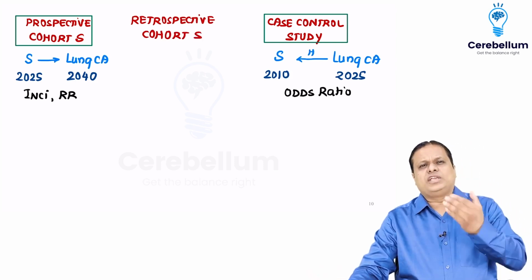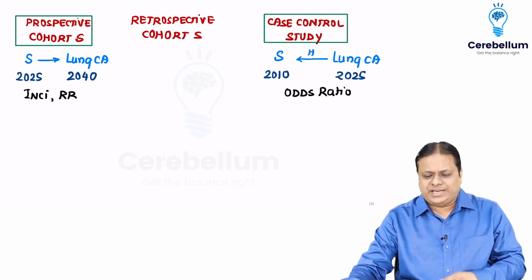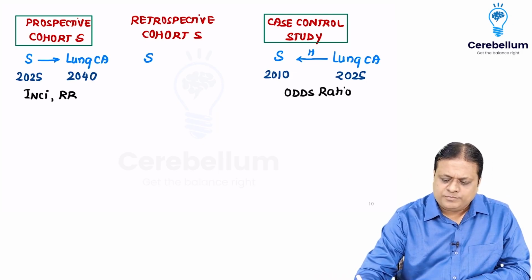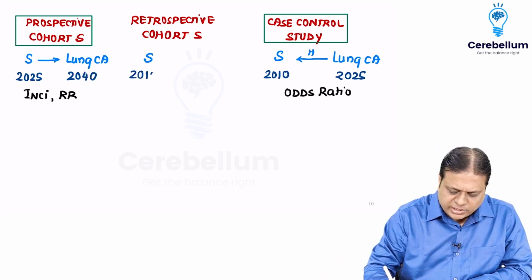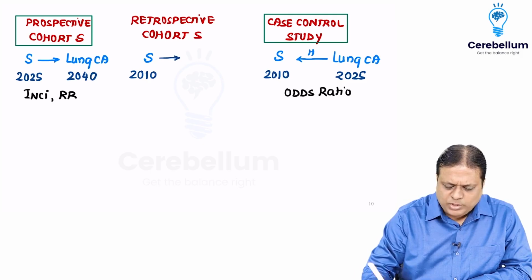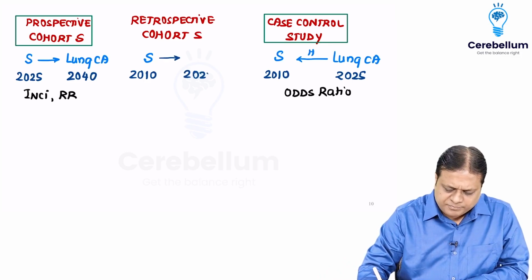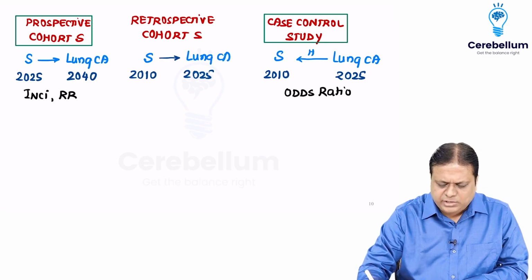We cannot go forward, we cannot go backward. So how is a retrospective cohort study done? First we go back in time and find out smokers and non-smokers from hospital records 15 years ago, in 2010. We don't know how many of them have the disease. Then we follow them up to the current time and see how many have developed the disease till today.